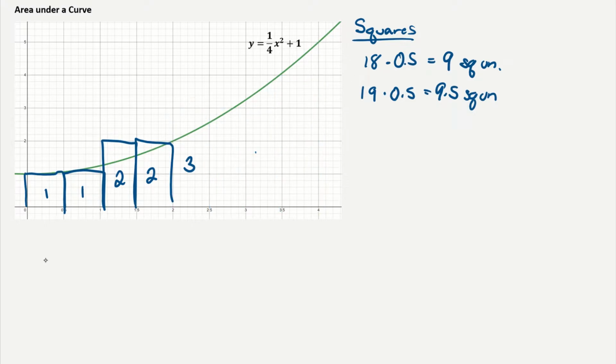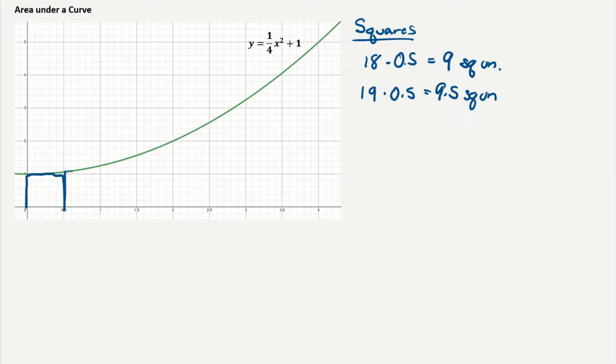Okay, so now I want to make this way even better somehow. Well, the curve is what I'm trying to find the area under. So why don't I keep using these rectangles? Because I like that idea of having the same width rectangles, because it makes the calculations a little easier by multiplying by the same width.